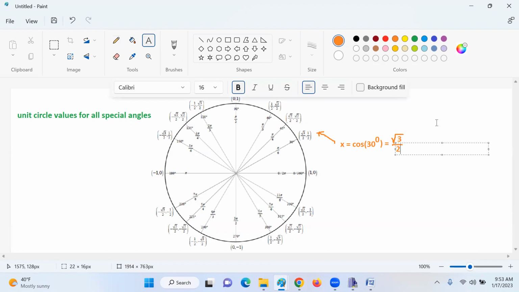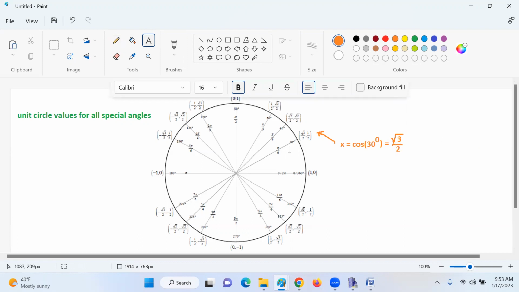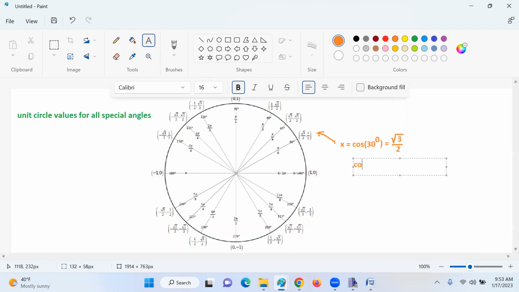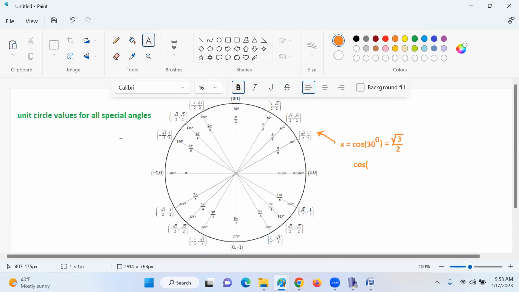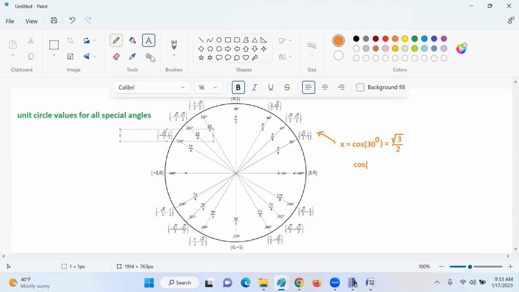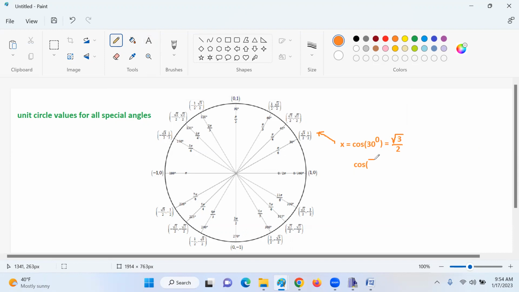A lot of you might be asking me, can I use the same thing for cosine of pi/6? Well, it's going to be the same. So we can use degrees and radians interchangeably. In this case, if you do pi/6, it's going to give the same result, which is radical 3/2.